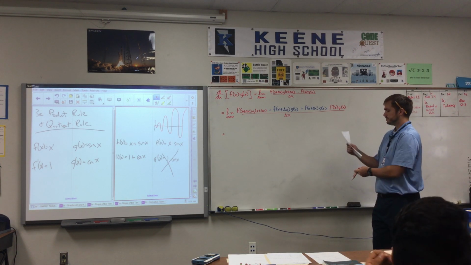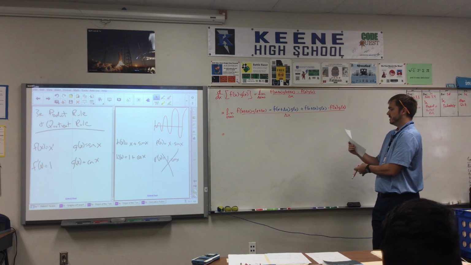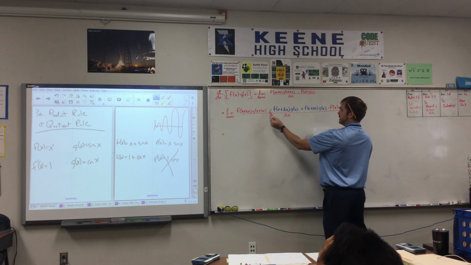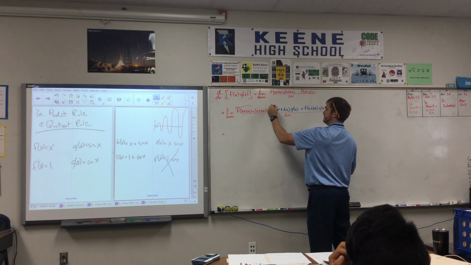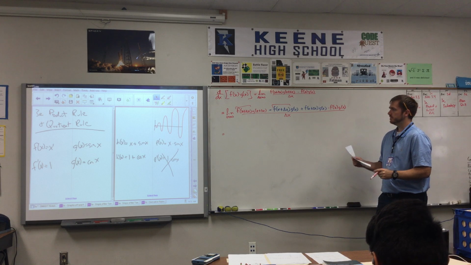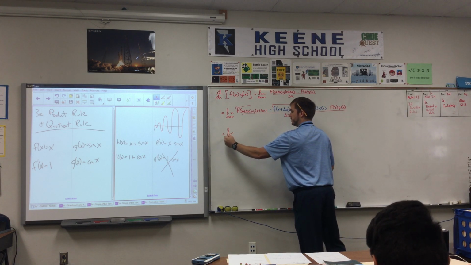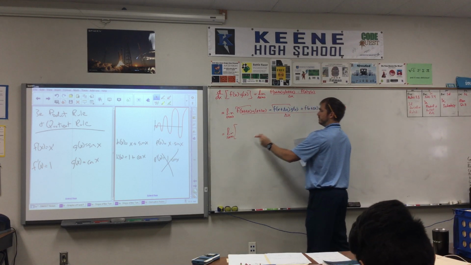Next, I'm going to notice that this term and this term both have an f of x plus delta x. So what I'm going to do is factor that out. So I'm going to say limit, I'm going to put a little bracket here for the whole thing.